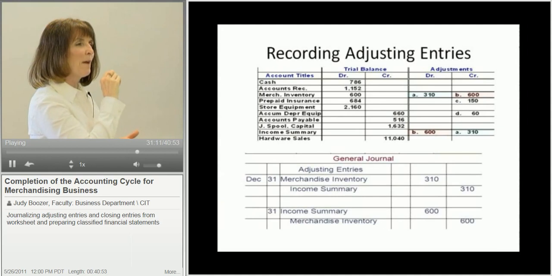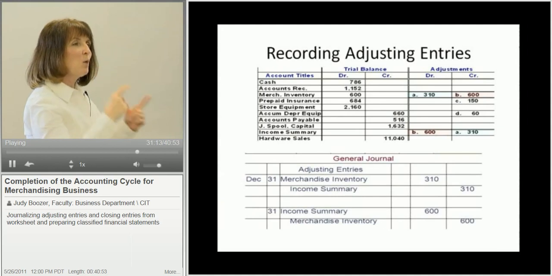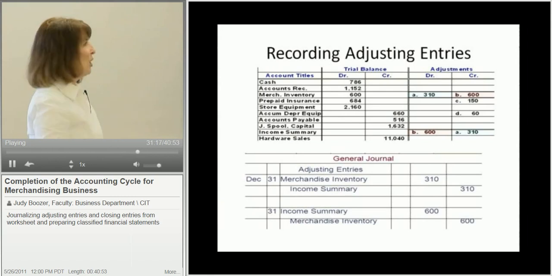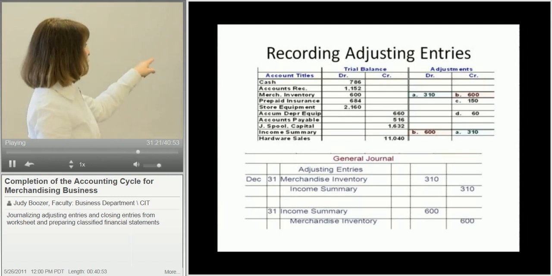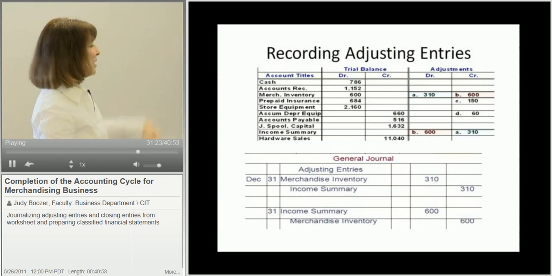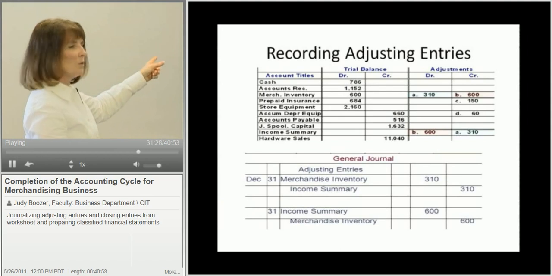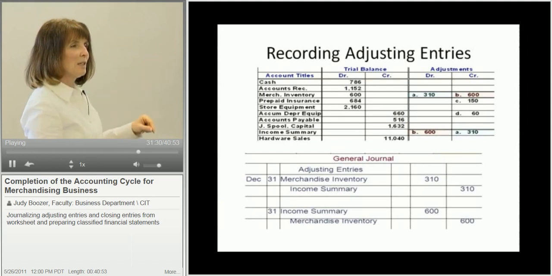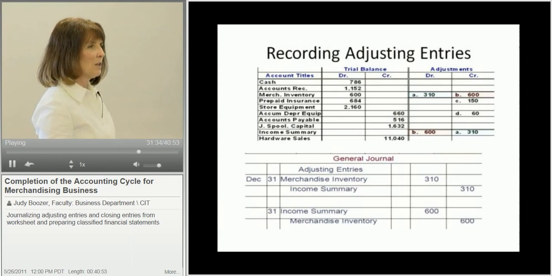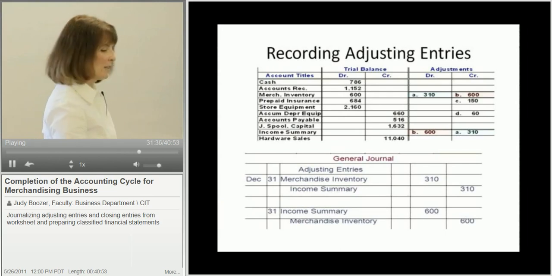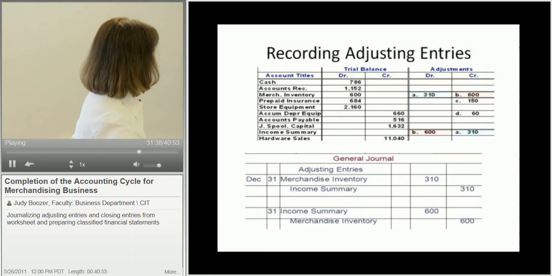You literally write that in your journal so that anyone looking at your records can see these are now adjusting entries. So once the worksheet's been completed, you're going to journalize those adjusting entries. And here's just a couple of examples. Remember, we're closing out the beginning inventory and then putting in the new ending inventory. So those are called adjusting entries. And see, here is the caption here at the top of it, adjusting entries.